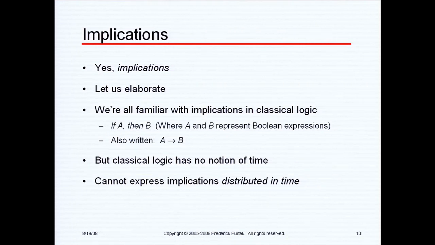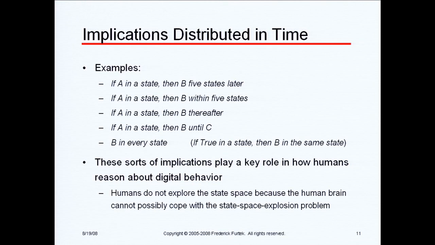We're all familiar with implications in classical logic. If A, then B, where A and B are Boolean expressions. And it's commonly written A with an arrow followed by B. But classical logic has no notion of time. It cannot express, in particular, implications distributed in time. Here are some examples of implications distributed in time.